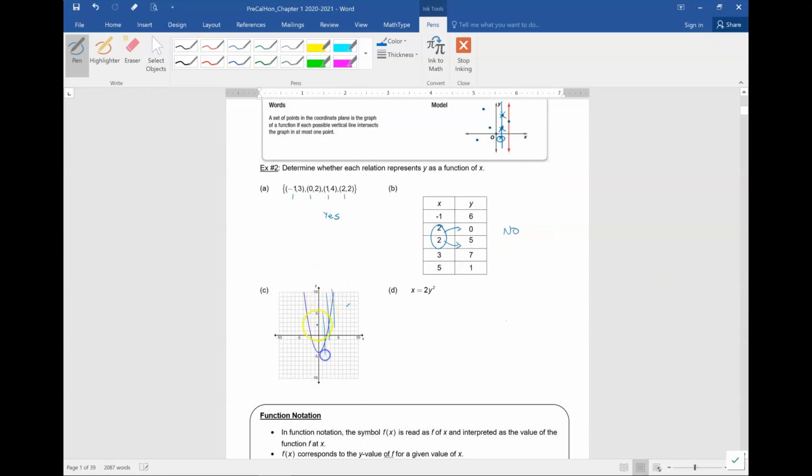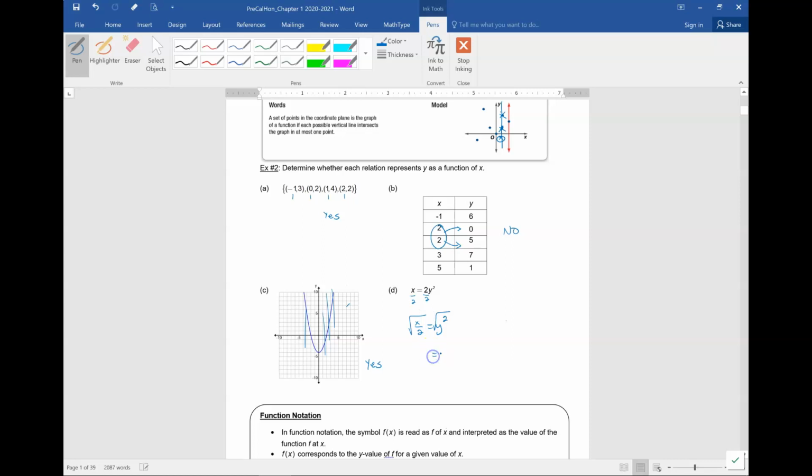This one definitely passes the vertical line test, so it's a function. Okay, this one, let's solve that for y. I divide by 2, I divide by 2, x over 2 is equal to y squared. Let's take a square root of both sides.